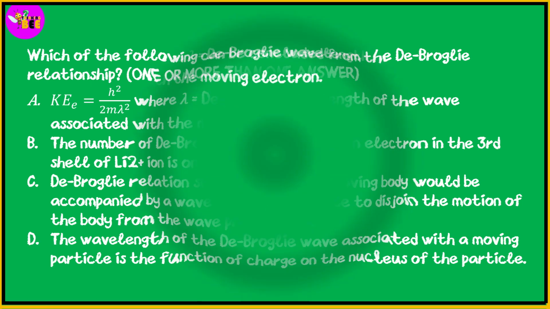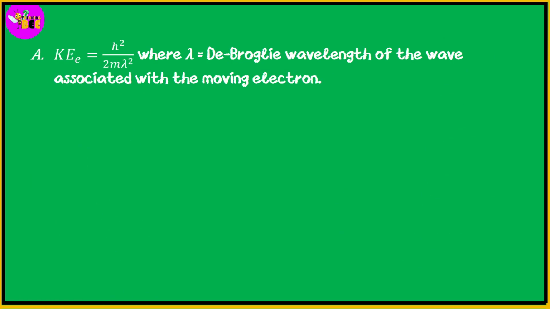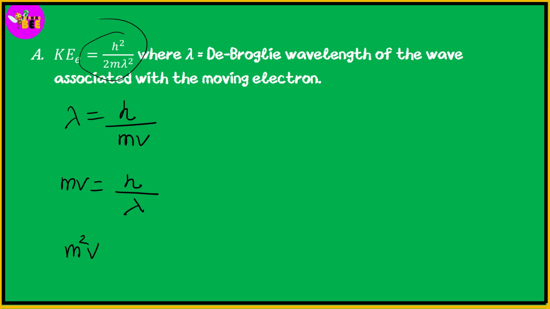Now, let's look at option A, which gives the kinetic energy statement as follows. Now, we know that lambda is equal to h by mv. Rewriting this, we get mv equal to h by lambda. Squaring both sides, we get m square v square is equal to h square by lambda square. Now, we need to get kinetic energy from this relation. Kinetic energy is given by half mv square.